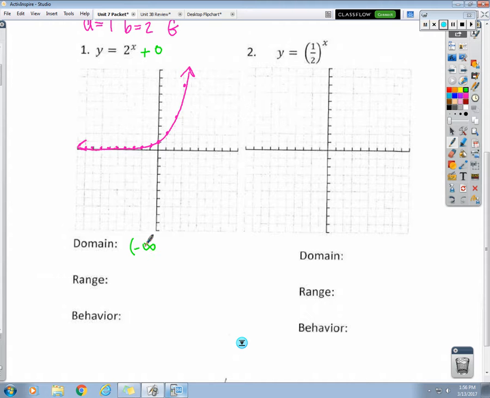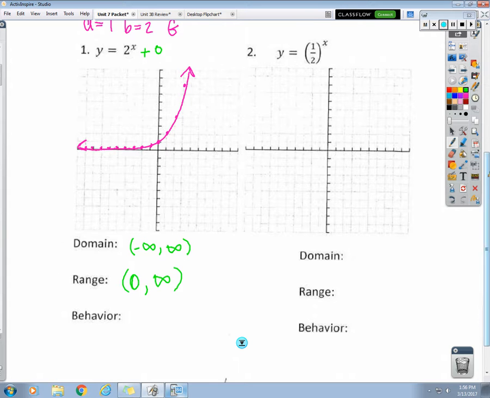Negative infinity. How far right will it go? Infinity. What about the range? How far down will it go? The asymptote will not let it go down forever. It'll only let it go to 0, but will it ever actually touch 0? No, it just gets closer and closer, so you put a parenthesis. And then it'll go up forever.